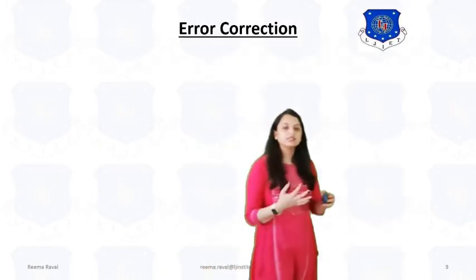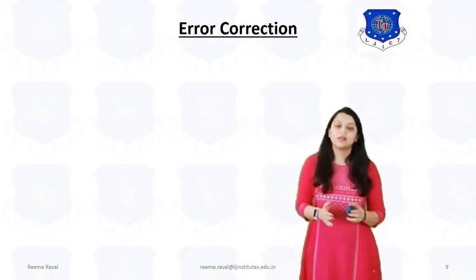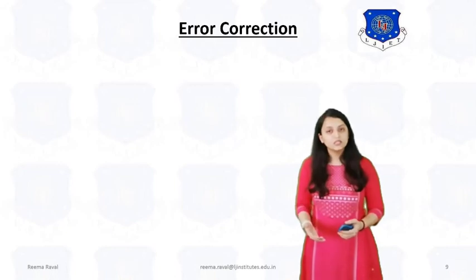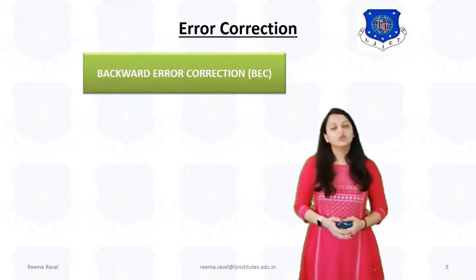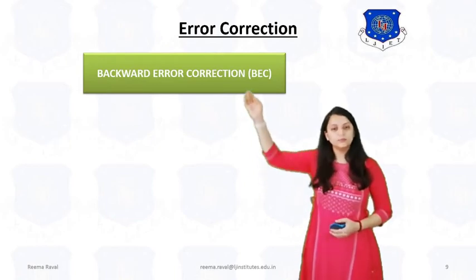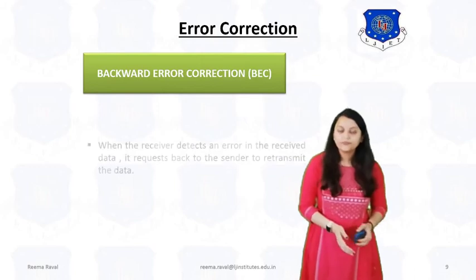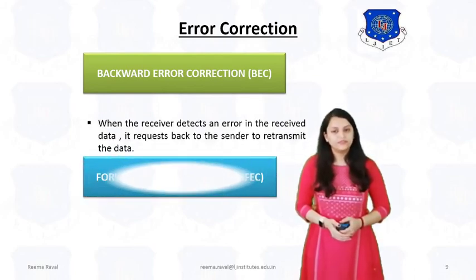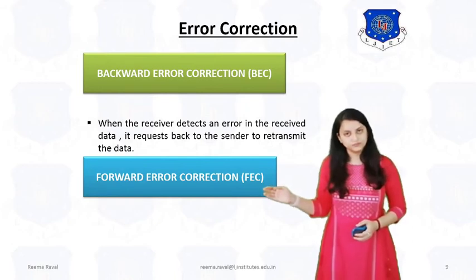Now next is the error correction mechanism. Till now, what we have seen was error detection, 3 methods to detect errors. Now in error correction, there are 2 methods. The first one is BEC, that is the backward error correction method, and the second one is FEC, which is the forward error correction method.